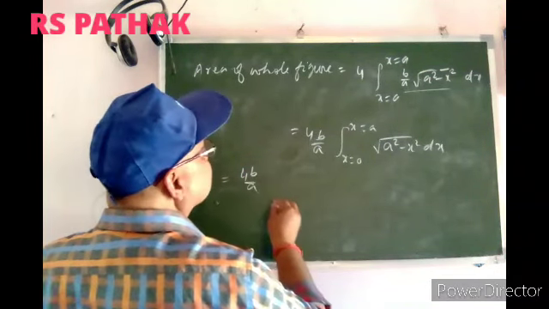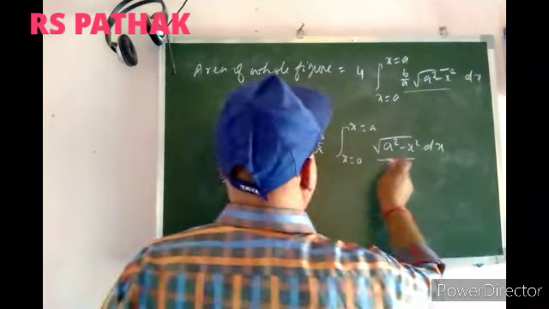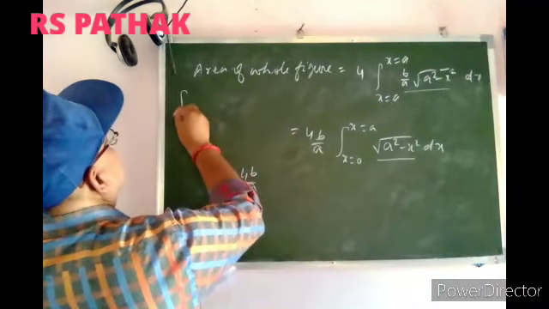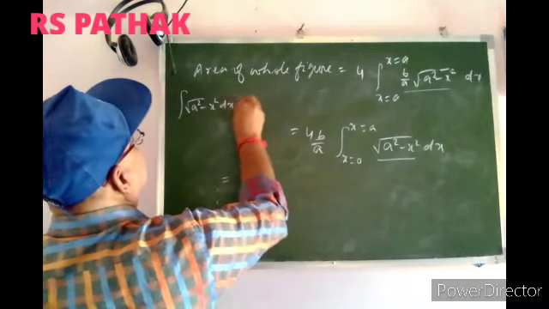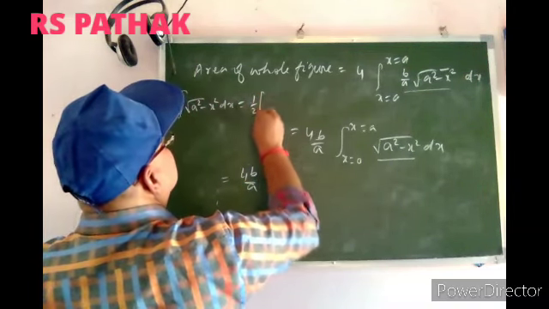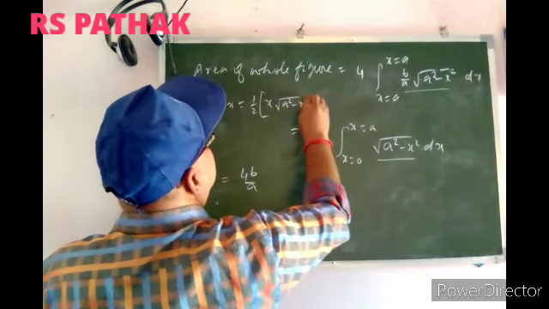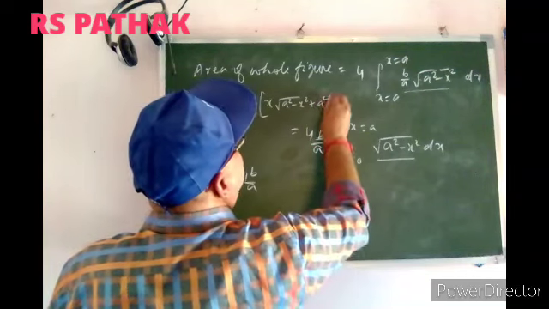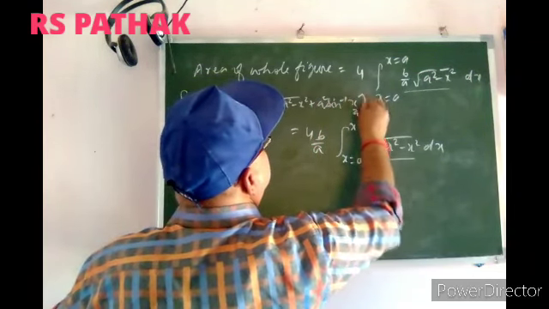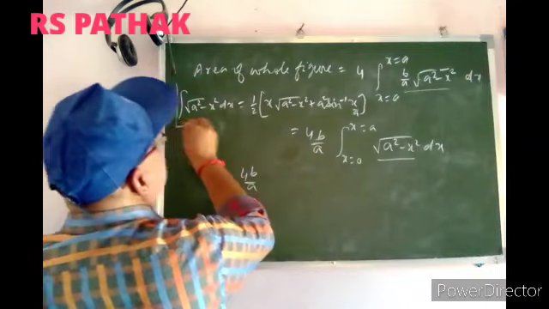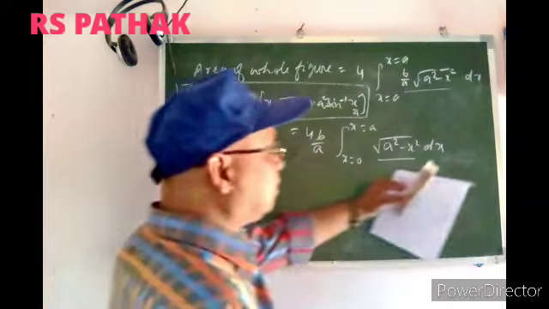4b upon a. The formula of this integration is: the integral of under root a square minus x square dx equal to 1 upon 2 x under root a square minus x square plus a square sine inverse x upon a. This formula will be used in this integration.